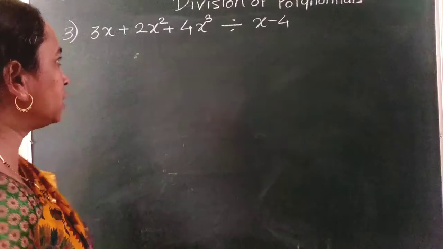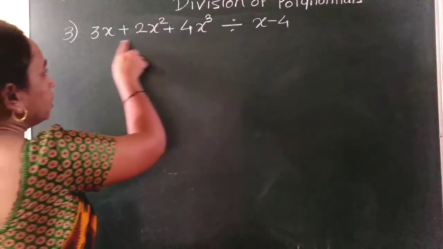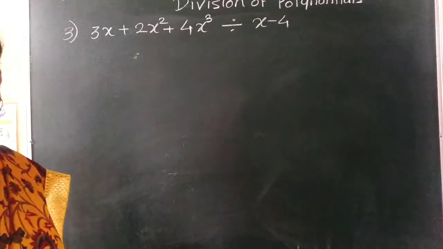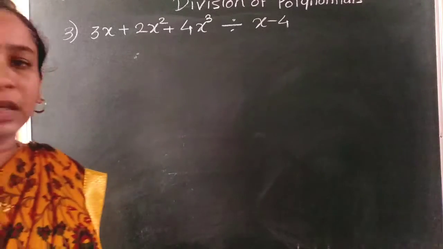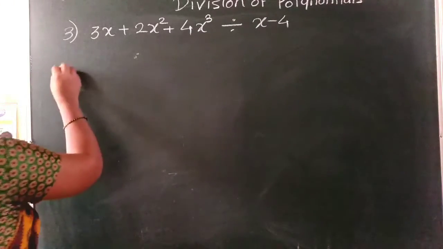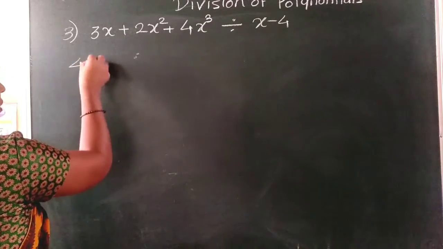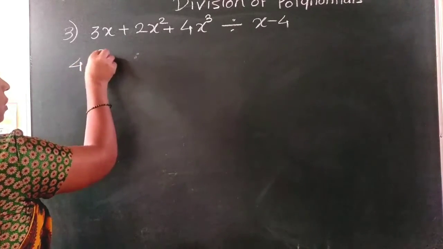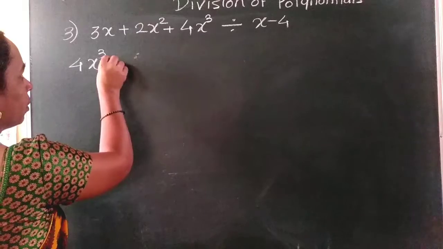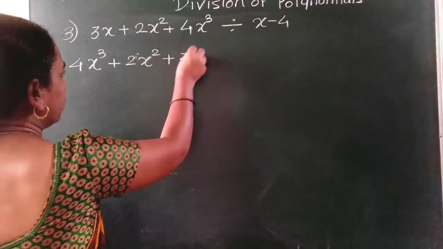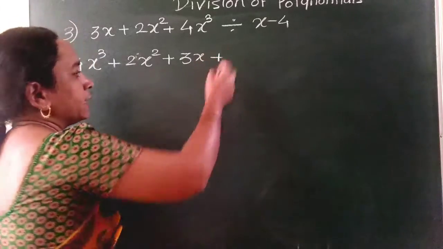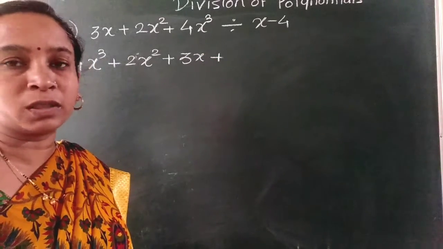Third example. In this example, the dividend is not in the standard form, or you can say it's not in the index form. So first I will write it down properly in the proper order: 4x cube plus 2x square plus 3x plus, the last term, the constant term, is also missing.